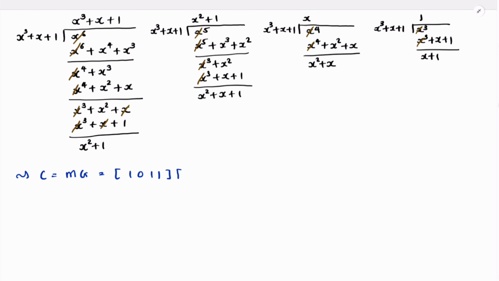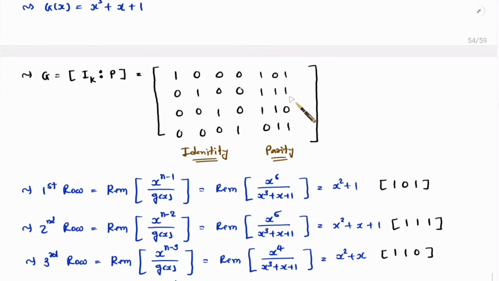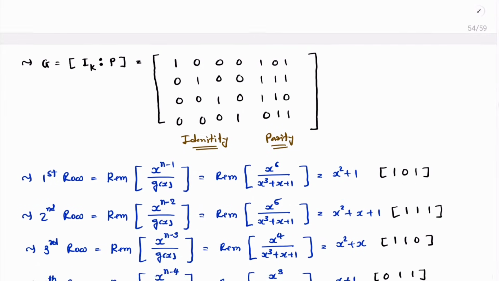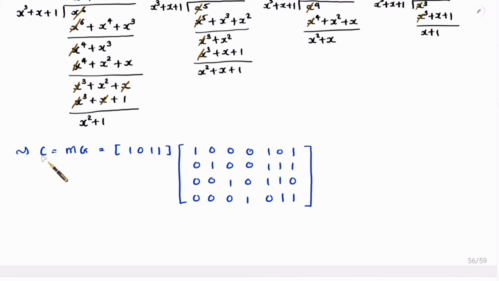And what is the generator? See, the generator that we have calculated. So this is the generator matrix. So let me write this generator matrix first of all, once we have this generator matrix and message, one can identify the code word.